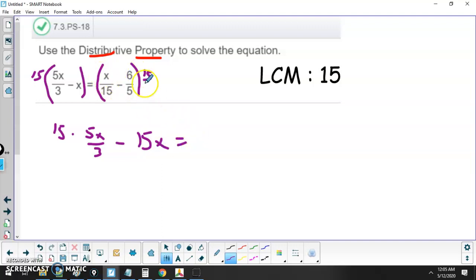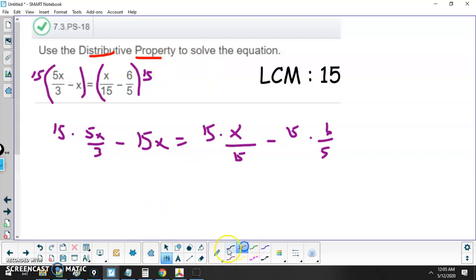And likewise over here, it'd be 15 times the first fraction you see, which is x over 15, minus 15 times that other fraction, 6/5. So there you go. That's using the distributive property to solve it.